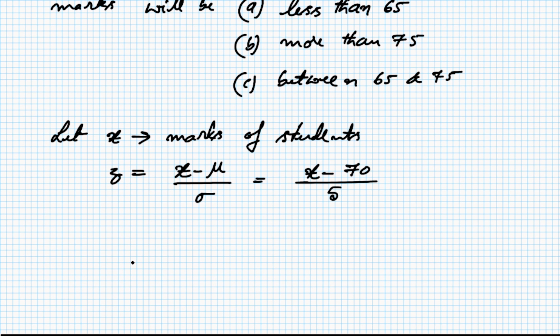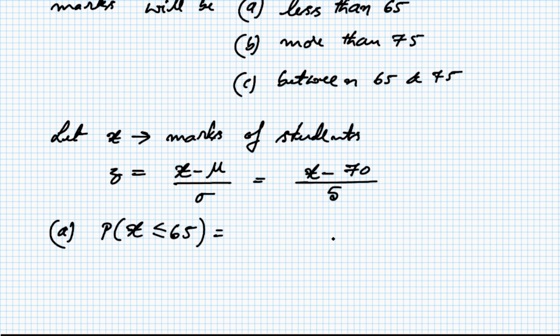Now we will be calculating the terms one by one. First, we will calculate the part A, lesser than 65. How many students will have marks less than 65? First, we need to calculate the probability. So this is part A. First, I am calculating the probability that X is lesser than or equal to 65.